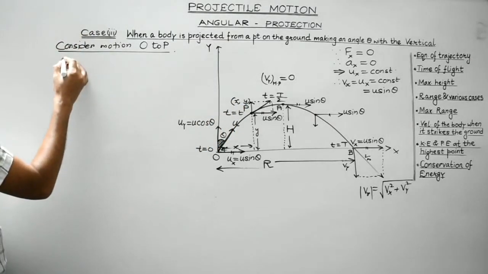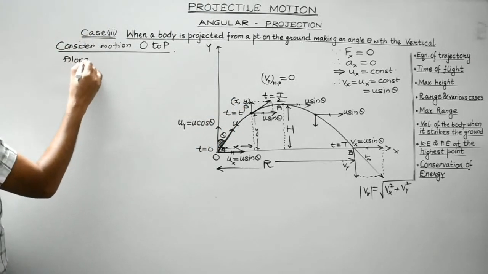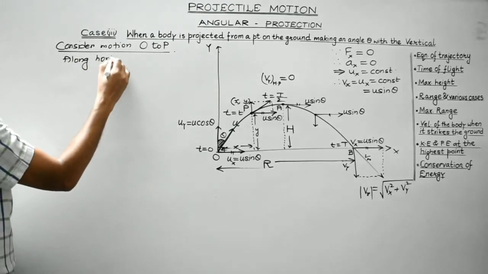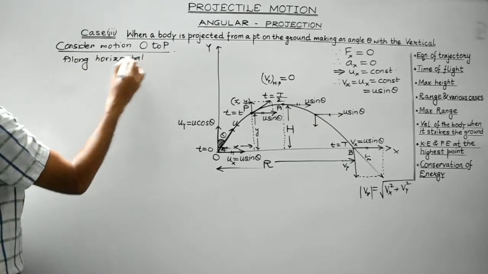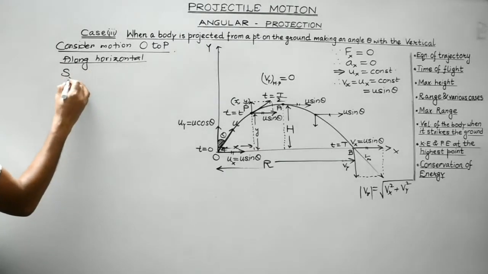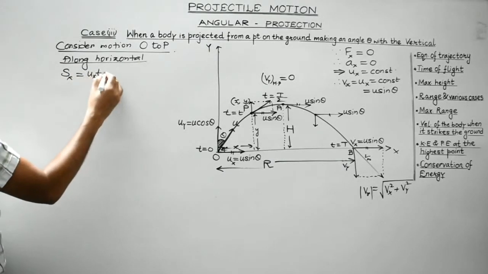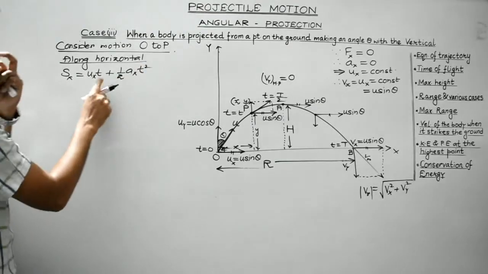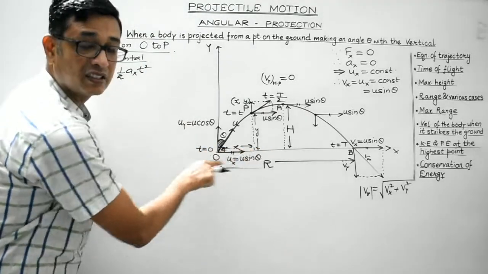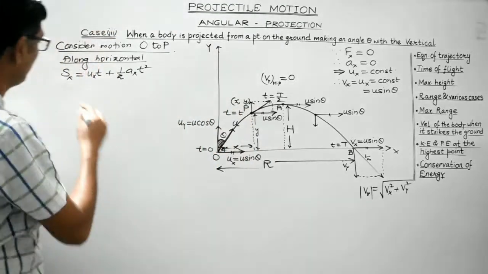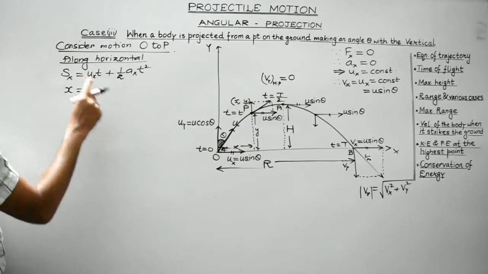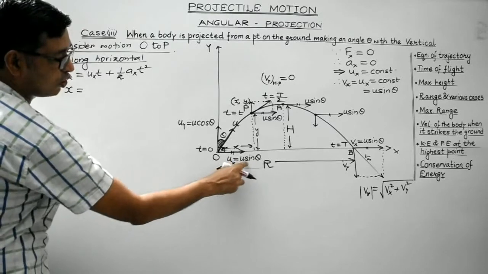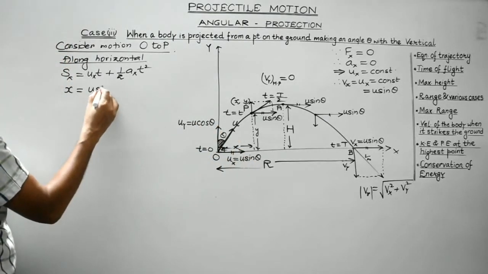Let's consider motion along horizontal. And let's make use of second equation of motion. It is Sx equals to uxt plus half ax t square. Now in time t, the body has covered distance x along the horizontal direction. So Sx is equal to x. What is ux? Ux is the initial horizontal component of velocity, which is constant.